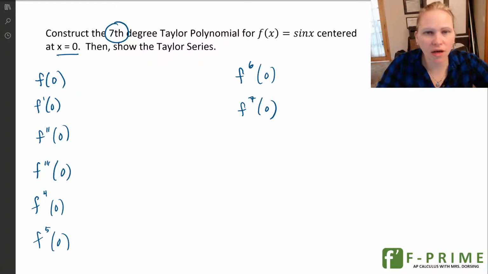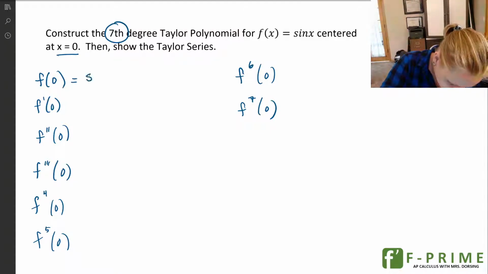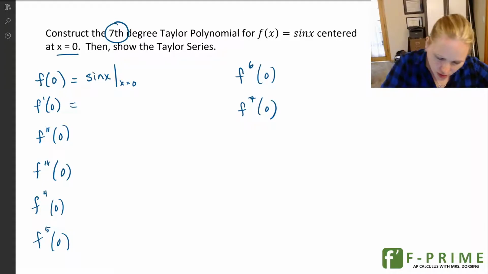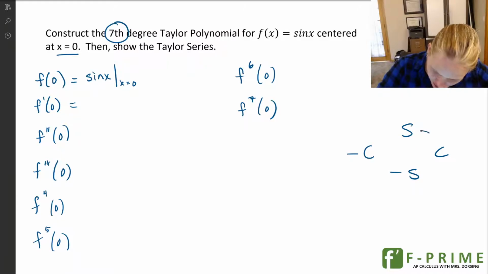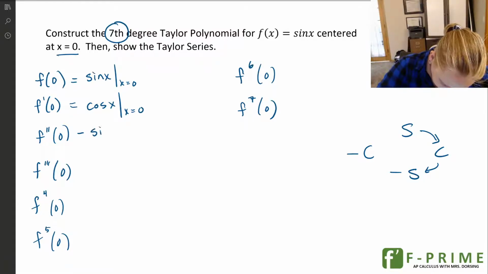All right, well, let's go ahead and write a couple of things down. Now, if we're doing sine of x, I know that this is going to be sine of x when x equals 0. But then I'm going to remember my wheel of signs. This will make it nice and easy. So I started at sine. The next one's going to be cosine. The next one's going to be negative sine.